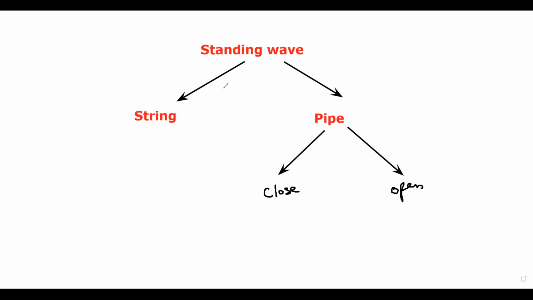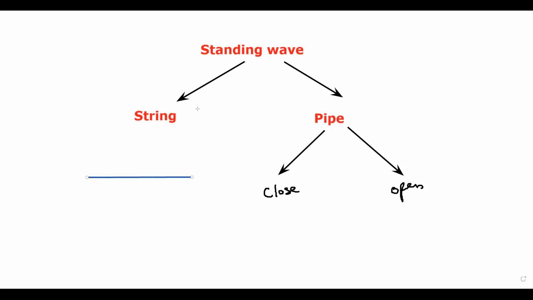So how is the standing wave produced in a string or a wire? Basically, if you have a wire or a string which is fixed between the two ends, and you disturb this wire from the center.